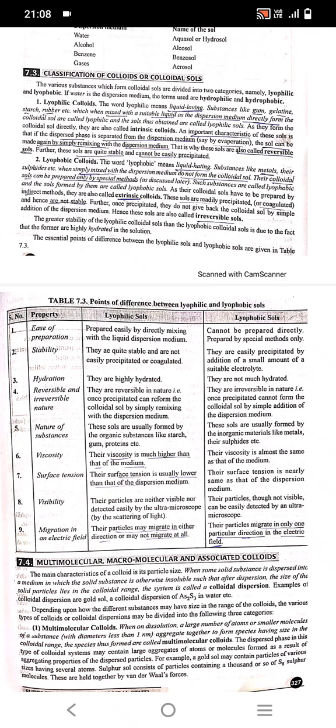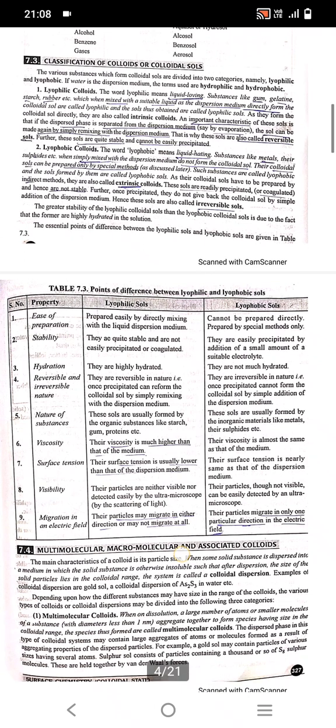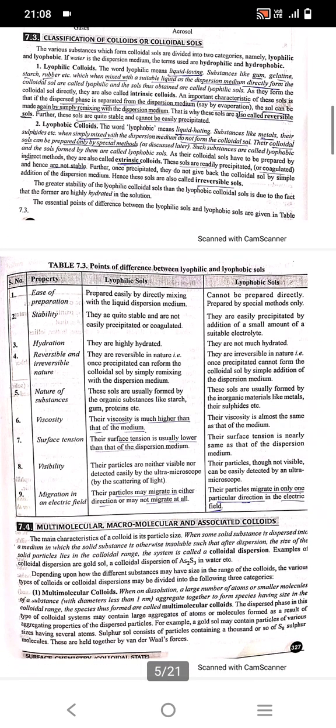Such substances are called lyophobic and the sols formed are called lyophobic sols, and their colloidal sols have to be prepared by indirect methods. Their sols are readily precipitated or coagulated, and they are not stable. Once precipitated, they do not give back the colloidal sol by simple addition of the dispersion medium. These sols are also called irreversible sols.